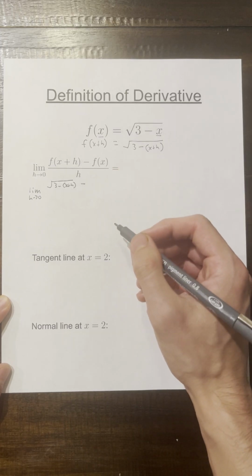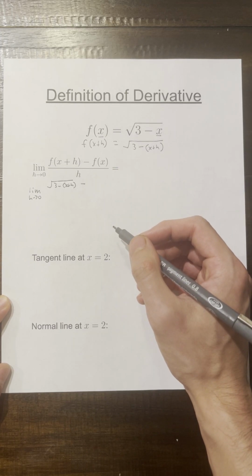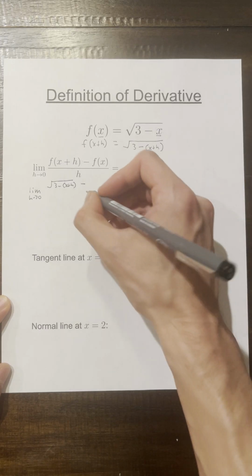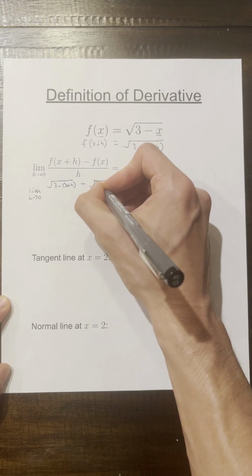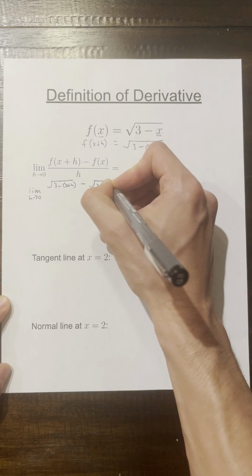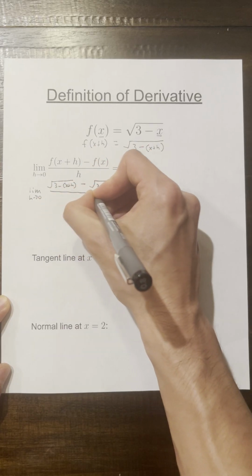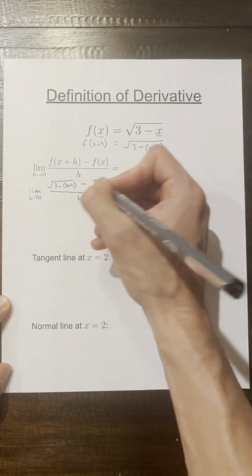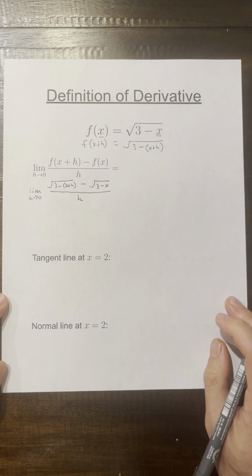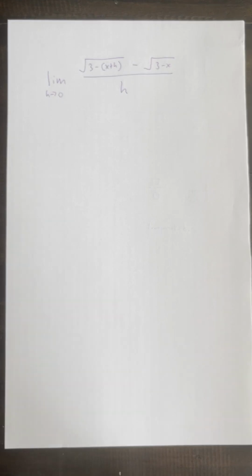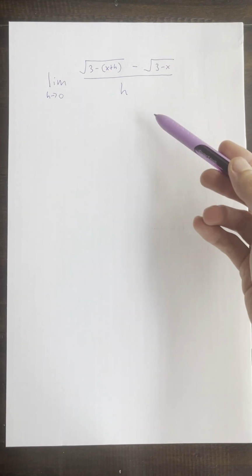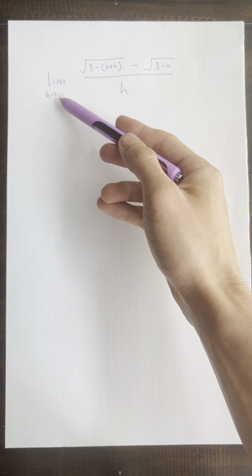F of x, which is how much? Square root of 3 minus x, all over h. Okay, so we want to calculate this limit. Why can't we just plug in 0 for h?